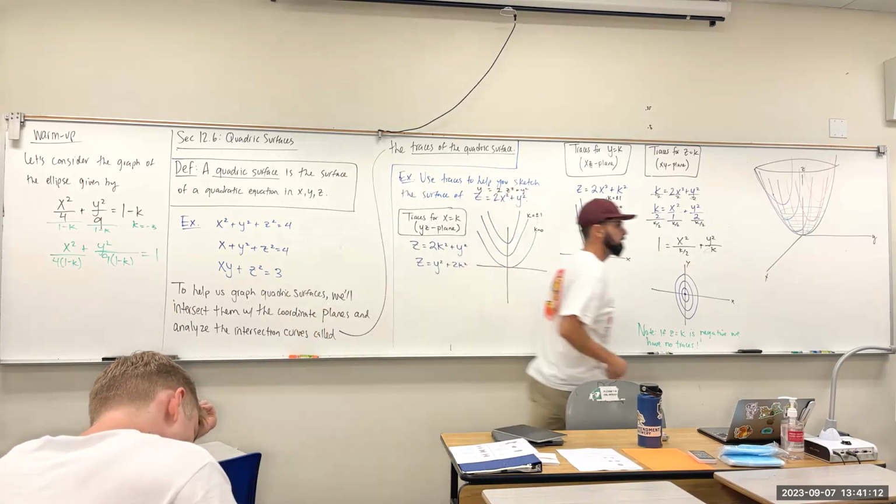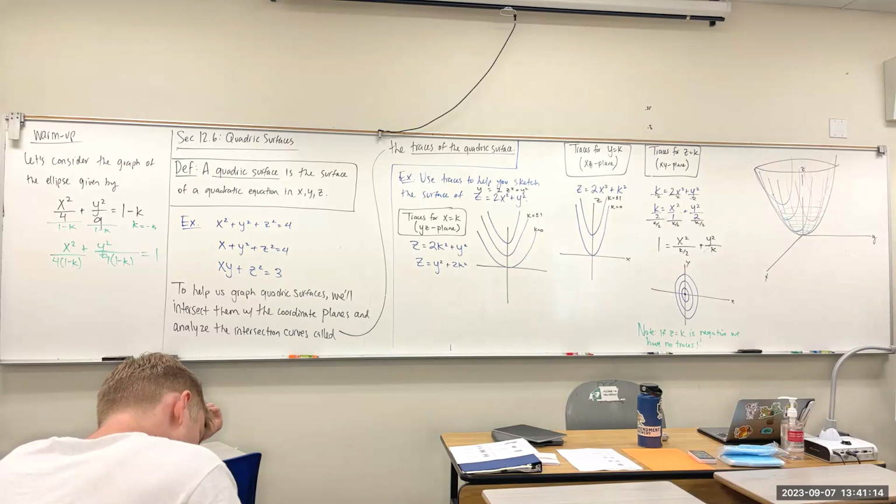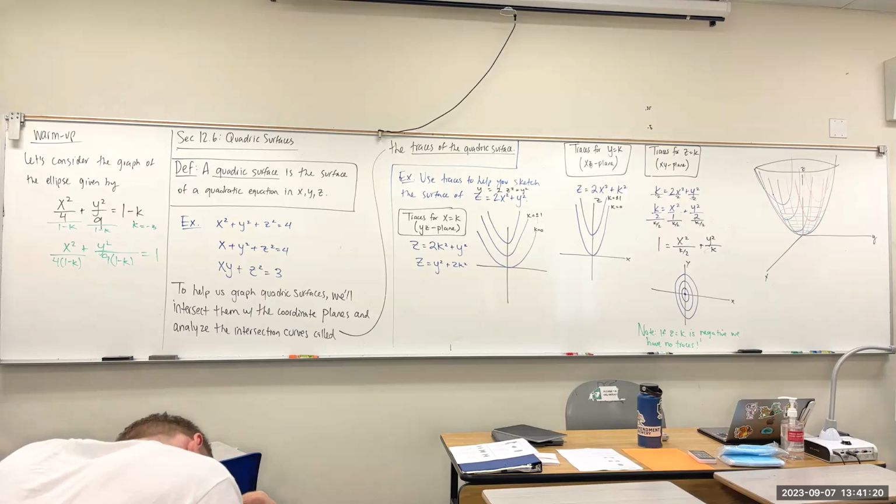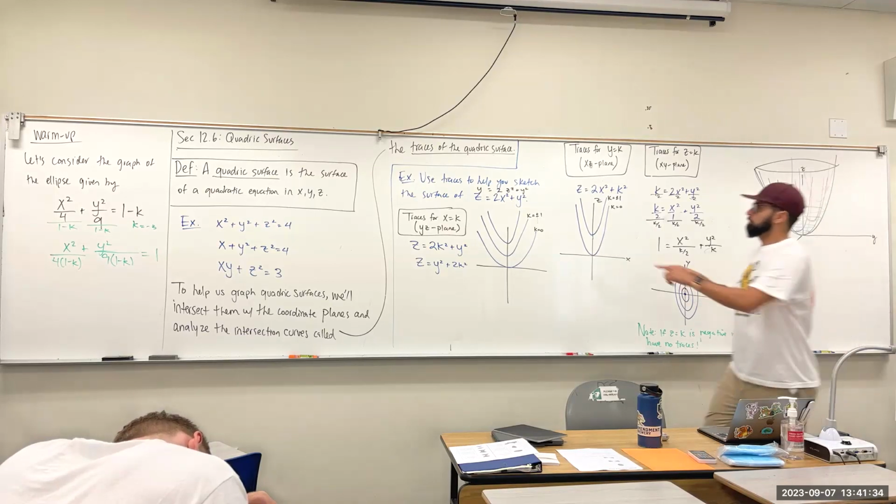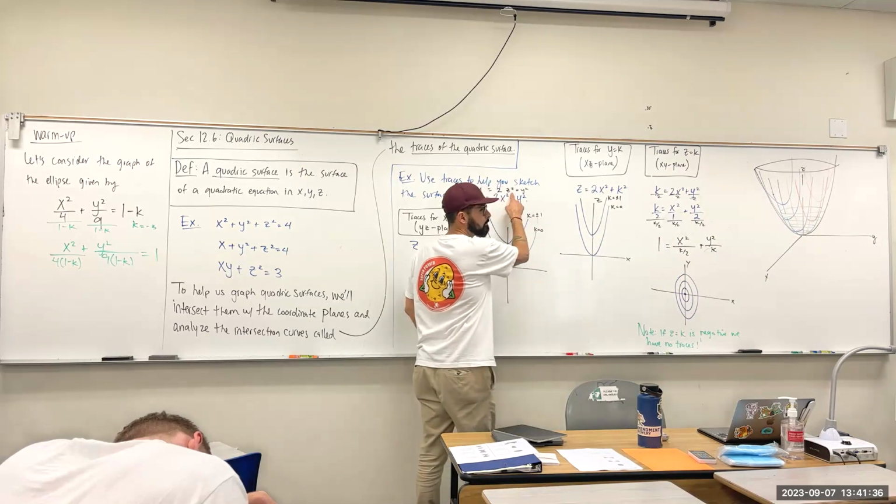Yeah, what's up? Oh, like if it was z squared. What you wrote on the slide, y equals 2z squared plus y squared.